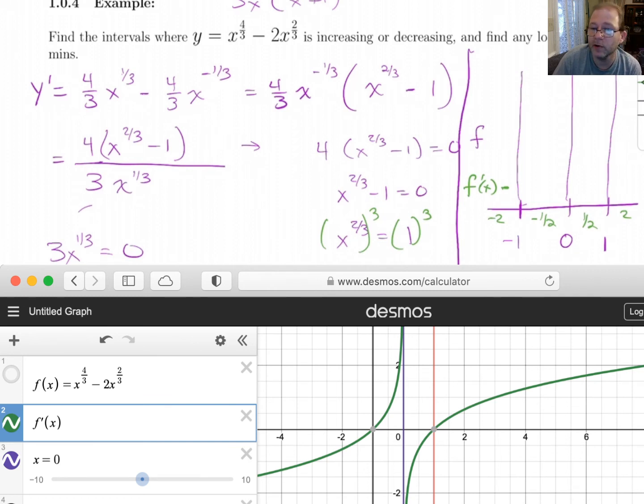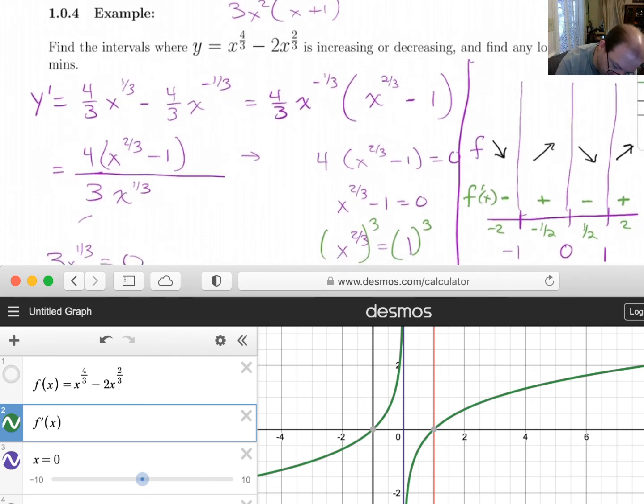Between -1 and 0, the derivative has a positive value. Then between 0 and 1, the derivative is negative. Then over here, the derivative is positive. So our function looks like this. It's going down, then up, then down, and then up.